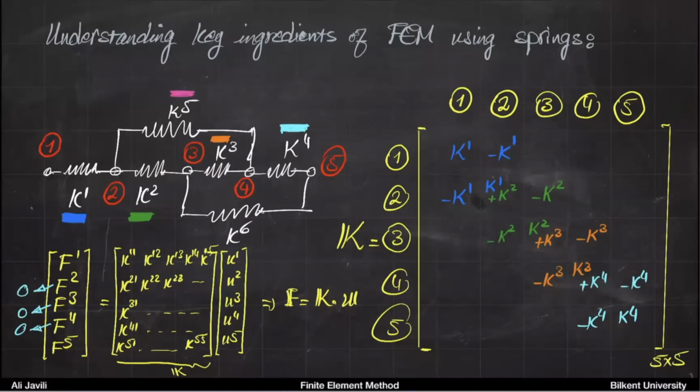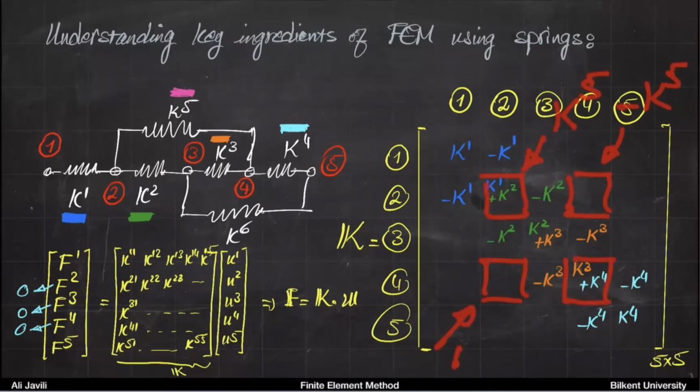Then we have K5. K5 is between nodes 2 and 4. Okay, so it's going to be 4 components on these 4 squares. So this would be like K5. This would be minus K5. This would be again K5 minus K5, and this would be K5.